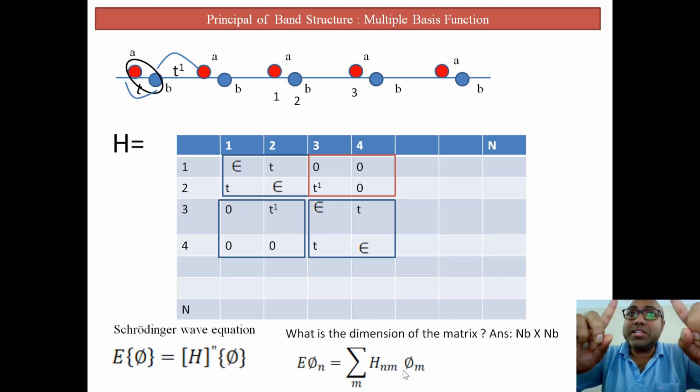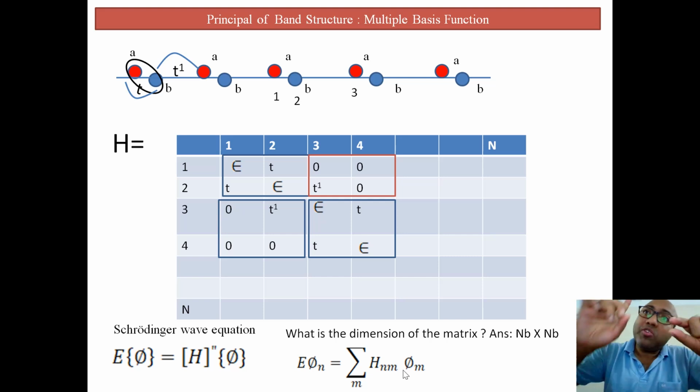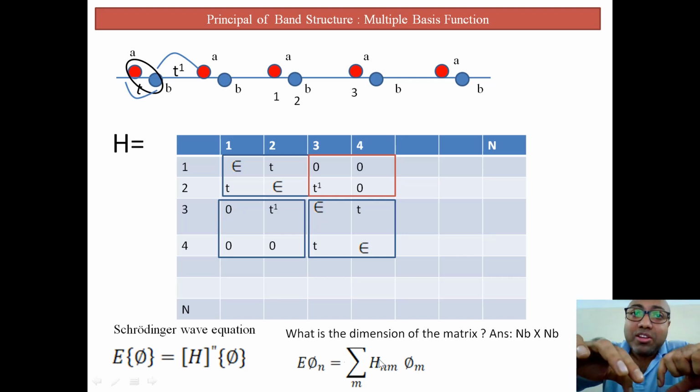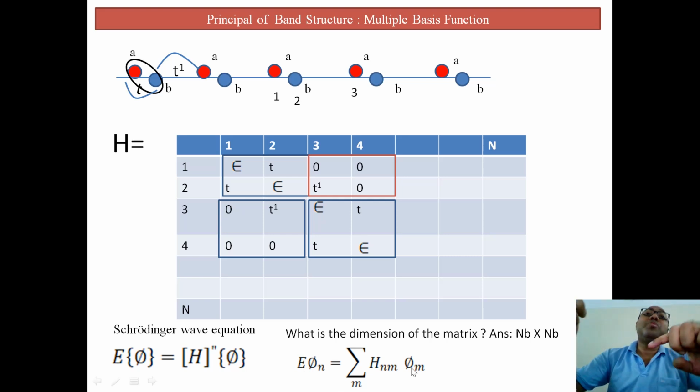Last time we considered a basis function like one atom, one basis. It's not that we have not discussed anything about the basis function. It is one atom and one basis function. So for that reason, we can easily take this type of summation expression. Now we have introduced B number, or multiple number, of basis functions.